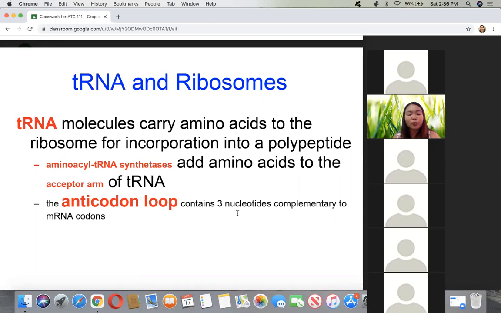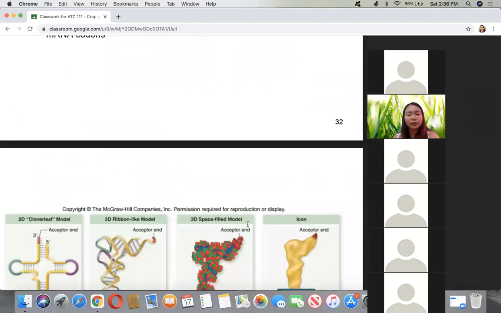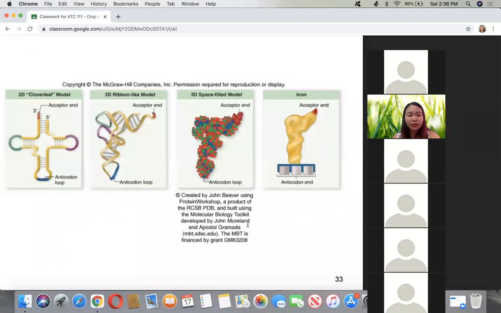The anticodon loop contains 3 nucleotides complementary to the mRNA codons. As shown here in the figure, this is called the 2D cloverleaf model. You can see the acceptor end, with the 3' and 5' ends.